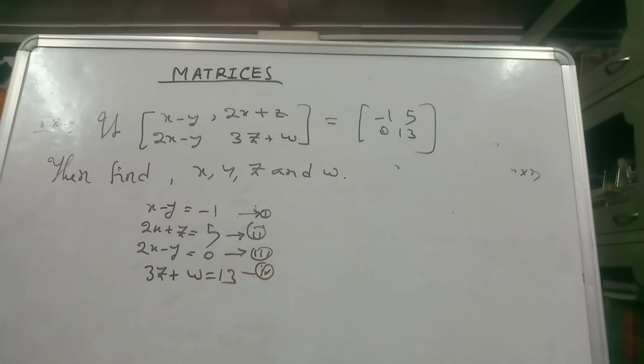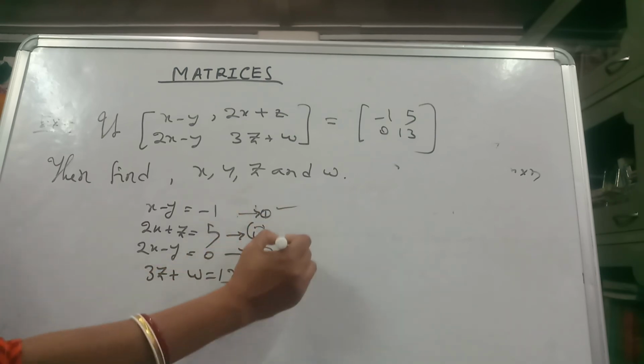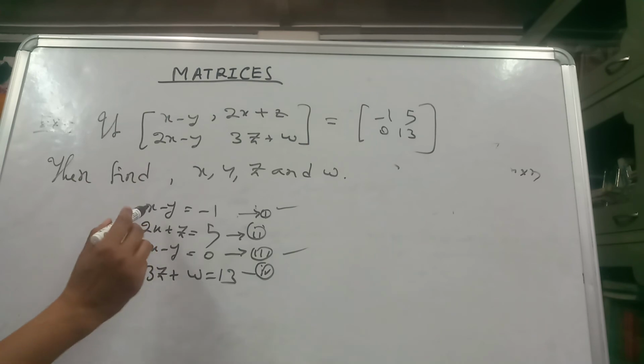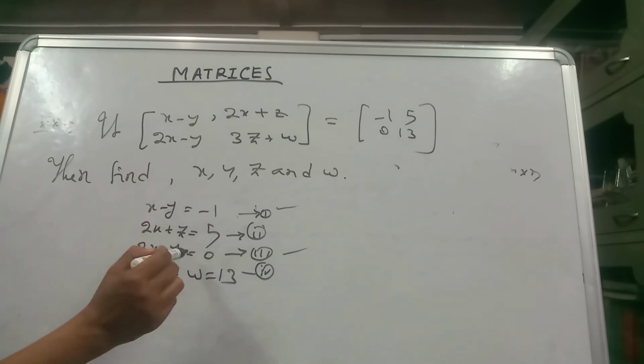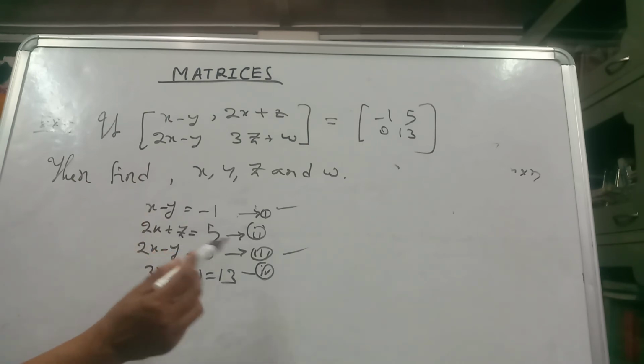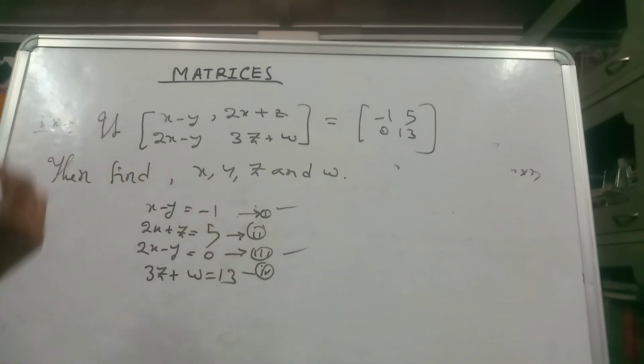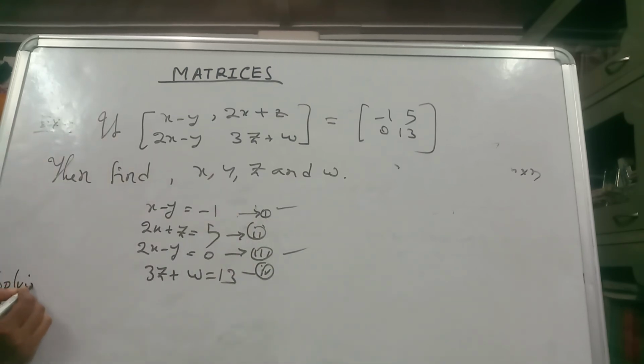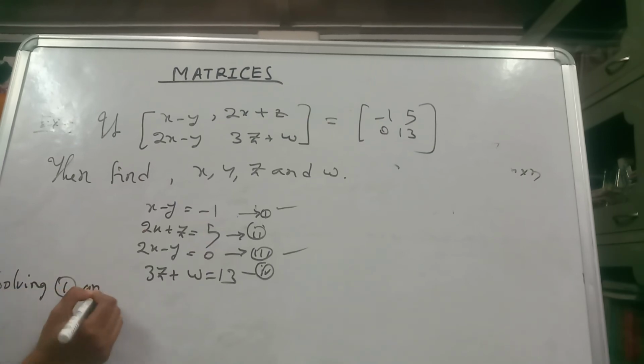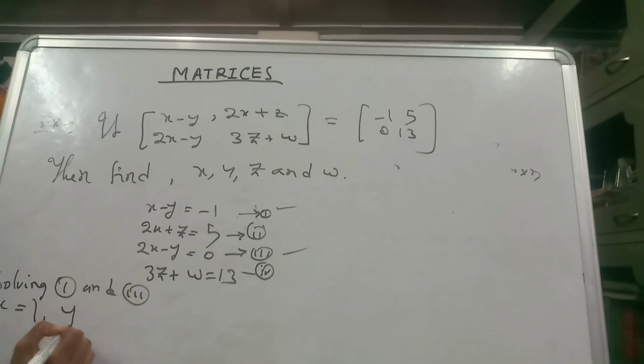Dear students, I hope that you can solve these equations very easily. If I take 1 and 3, you see here the variables are x and y, so we can find the values of x and y from 1 and 3. So solving 1 and 3, x equal to 1, y equal to 2.